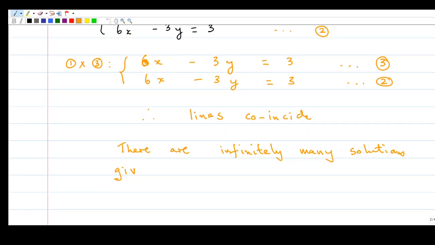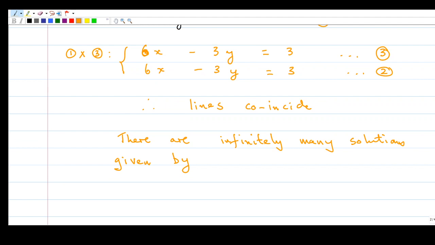Given by the set of all ordered pairs in the form x and y such that, we can write down the condition given by, say, the first equation.